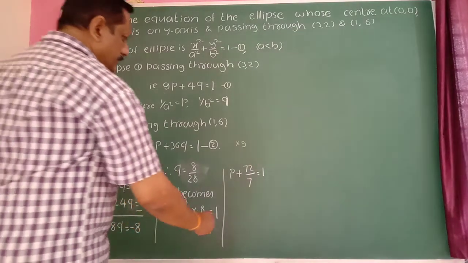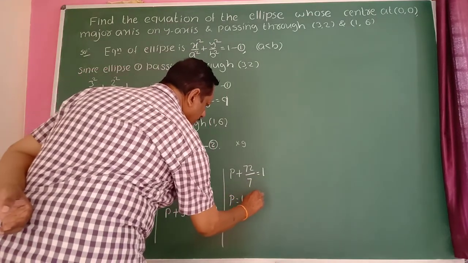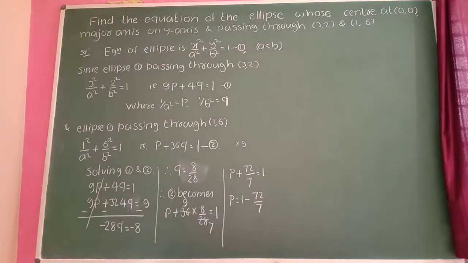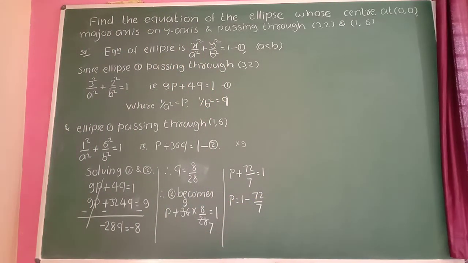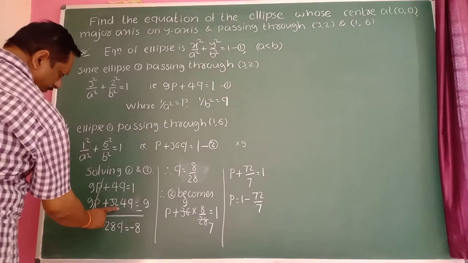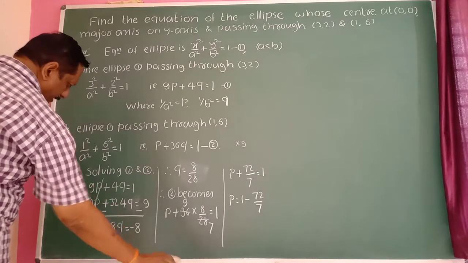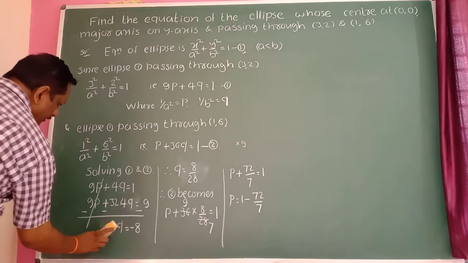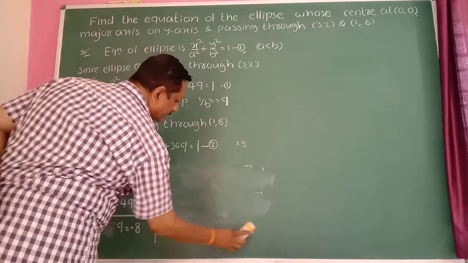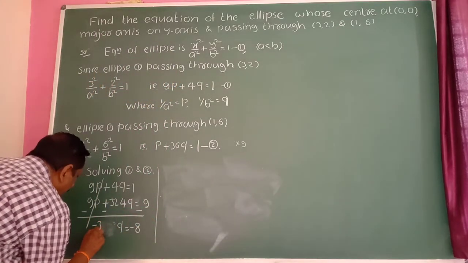So p is equal to 1 minus 72 divided by 7. Actually, there is 4 minus 324, therefore 4 minus 324 becomes minus 320.